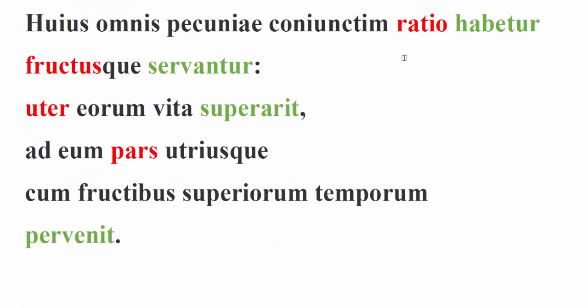All right, continuing on talking about this money that has been brought to the marriage by both sides, the husband and the wife. The accounting, that's how we're going to translate ratio here. The accounting, and then we jump to the genitive that is going with ratio. The accounting of all this money is held conjunctim. Conjunctim is an adverb meaning together.